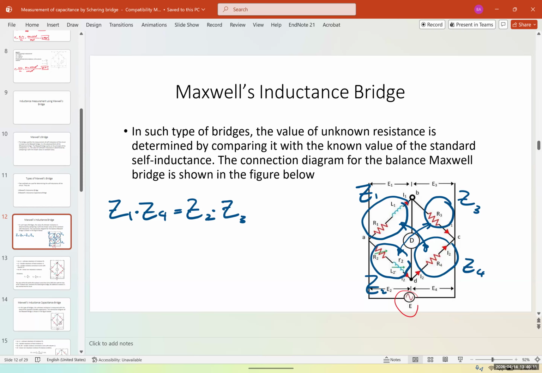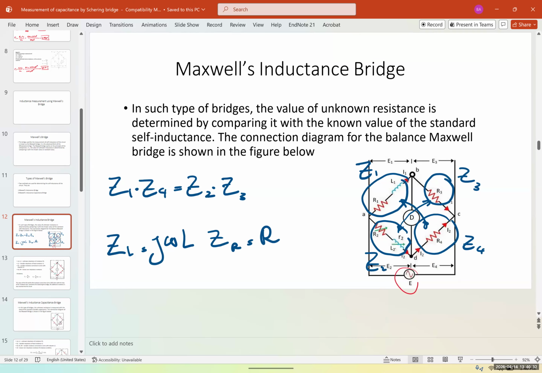Now, what is the impedance of an inductor, ZL? What is it? J omega L. And what is the impedance of a resistor? Just R, yes. So if I want to find the impedance of the first arm, for example, Z1, can you help me to determine Z1? What is Z1 going to be equal to?